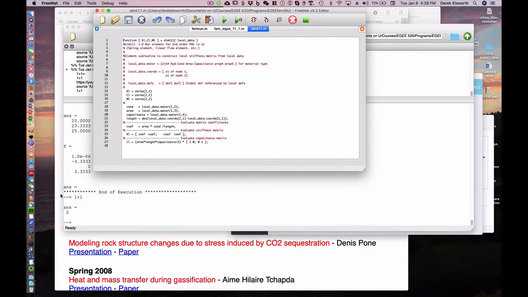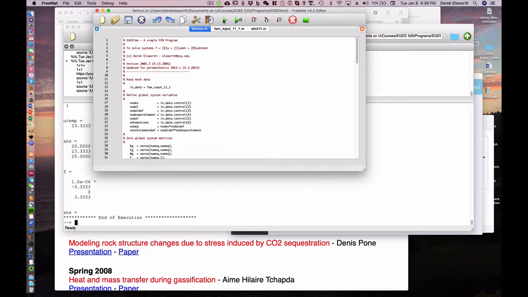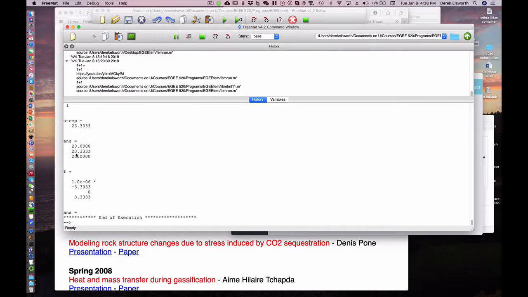If I do that and you look down here, you should see that it executes. It gives this number here, which says that it actually corresponds. You see this is 20, 23.33, and 25. And this is 3.3 times 10 to the 6. Perhaps you can't see that.